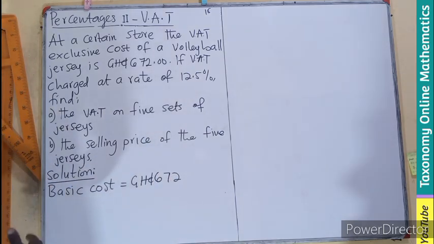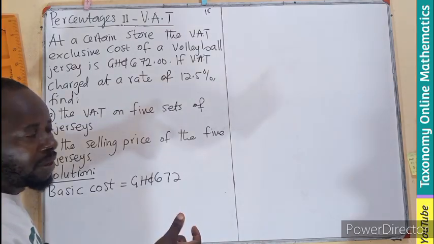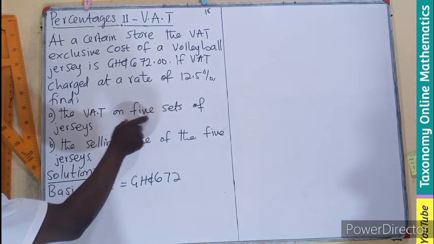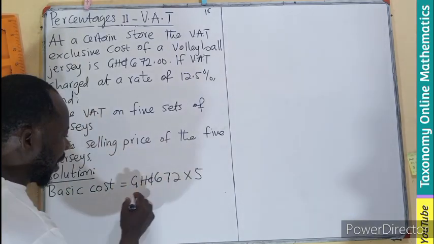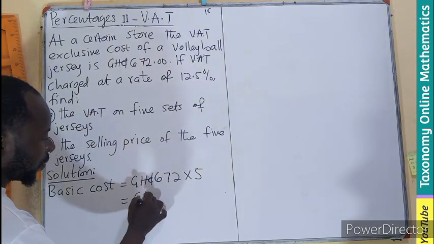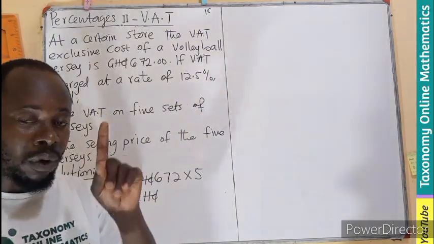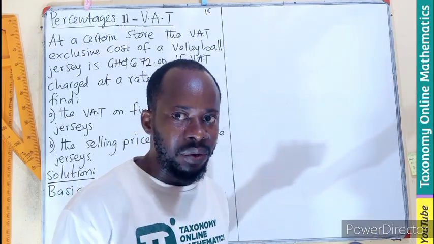This is referring to only one set of jersey, but we are looking for the VAT on 5 sets of that jersey. So the cost price of the 5 sets will be multiplied by 5. You can also find the VAT component on 1, then multiply by 5. It is still referring to the same thing.